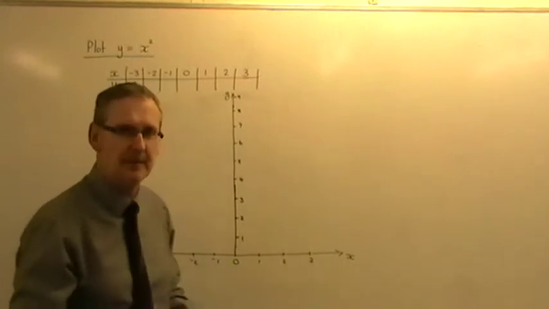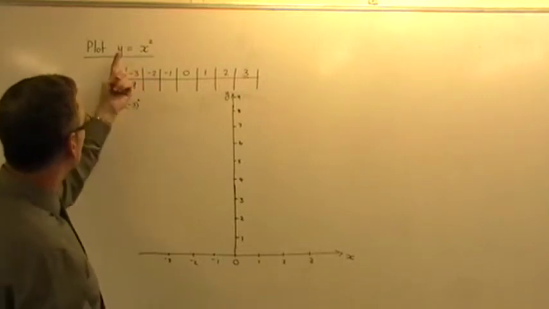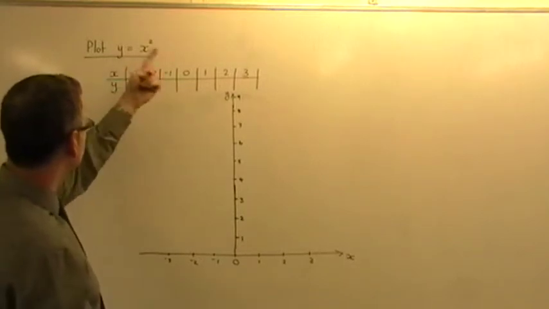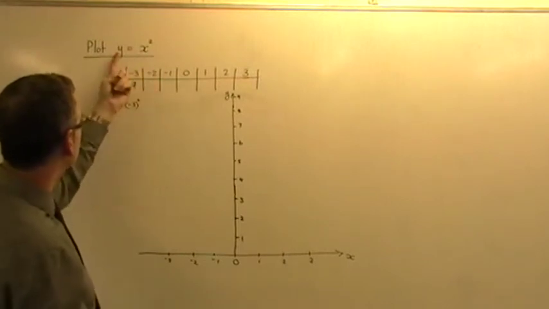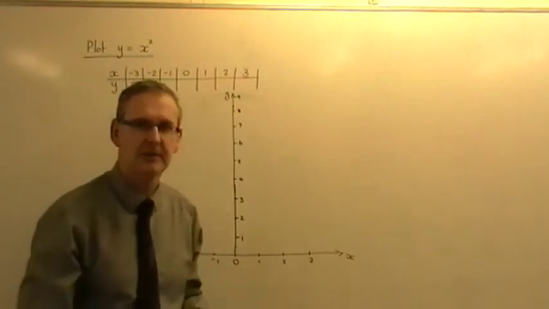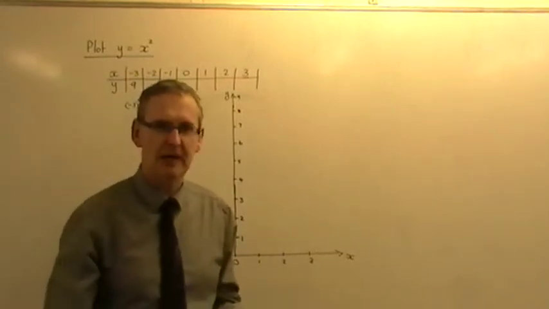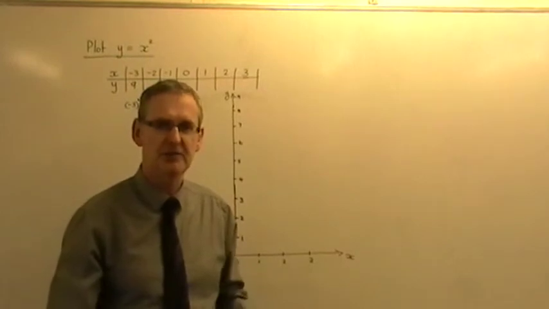Let's do the rest of them a bit more quickly. If x is minus 2, then the y number to go with it from this equation, from this name of the curve, will be minus 2 squared. If you take minus 2 and you square it, a minus times a minus is a plus answer, and 2 times 2 is 4.